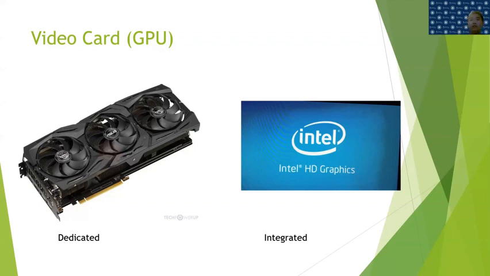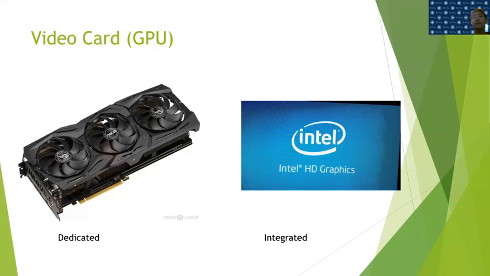So now we can cover the dedicated graphics card. A dedicated graphics card has the exact same job as the integrated graphics card, except that the dedicated graphics card is now a part of itself. It's not embedded into another part like the CPU, which you can see an example of on the left.